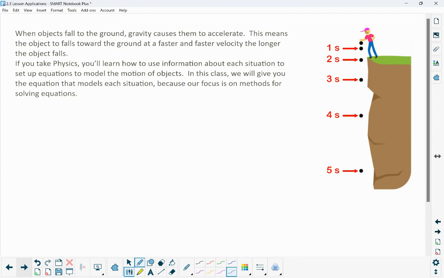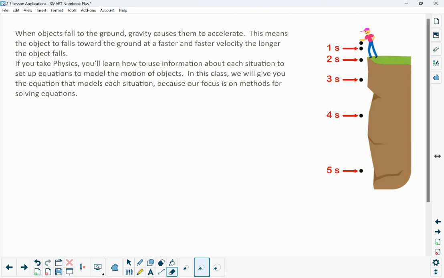So you can see this boy here dropped this black ball. After 1 second, it hasn't fallen very far, but after 2 seconds, it's fallen this much farther. After 3 seconds, it's at this location. After 4 seconds, it's way down here. And you can see that it's not falling at the same rate. It's speeding up.